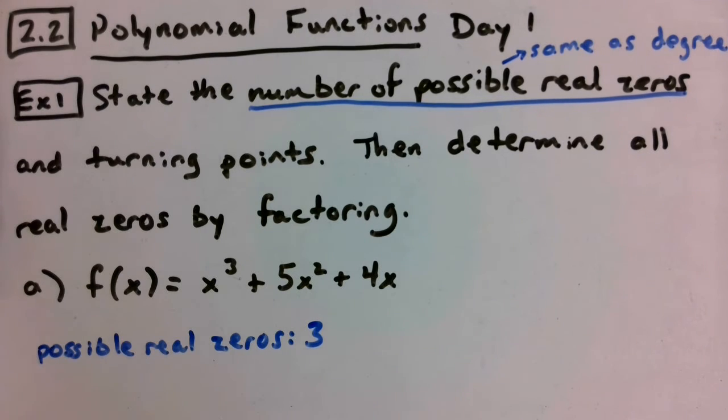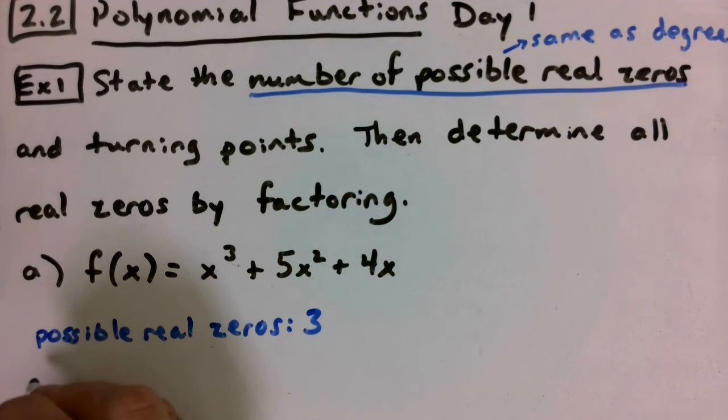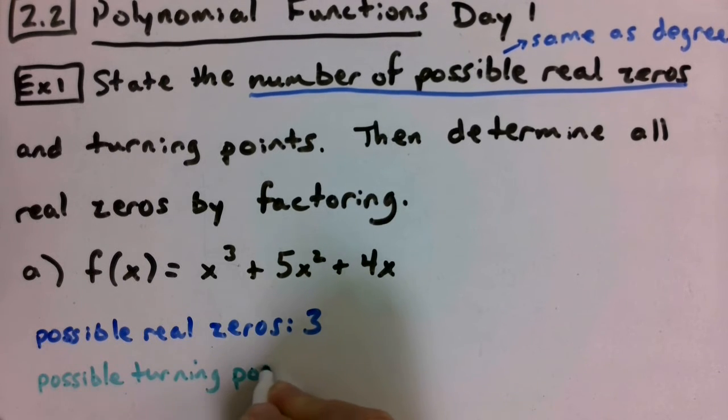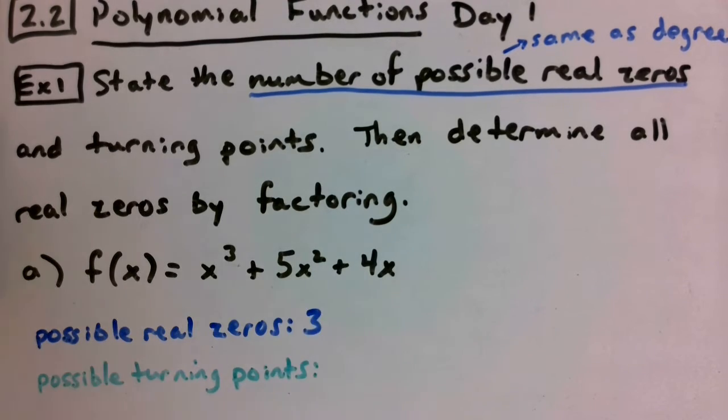We are also supposed to determine the number of possible turning points. And the number of possible turning points is always your degree minus 1.